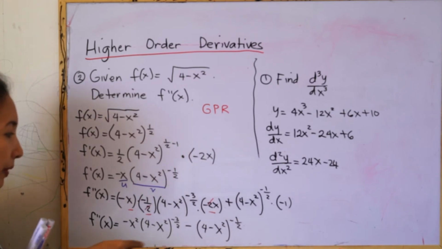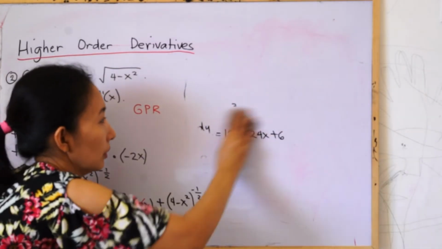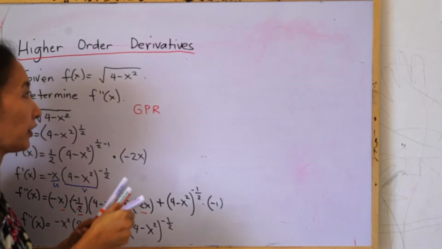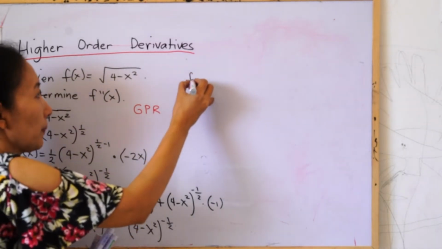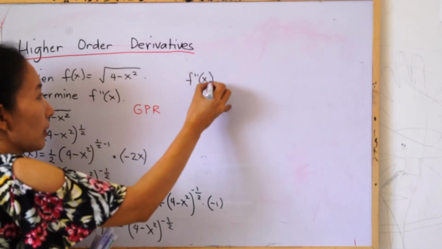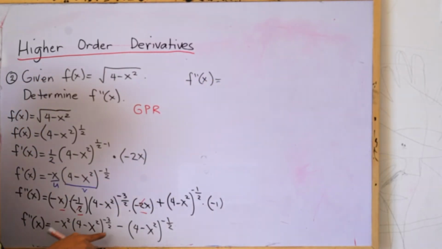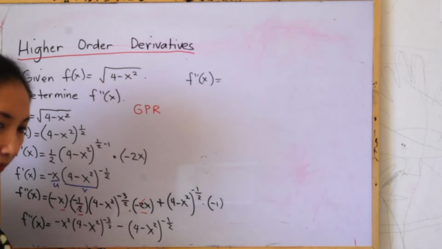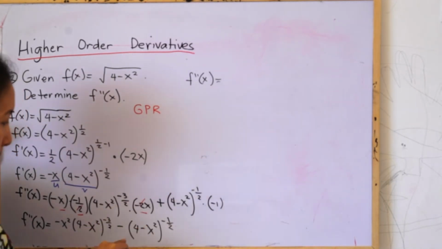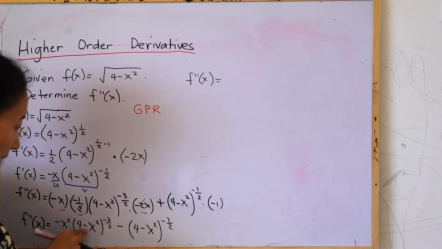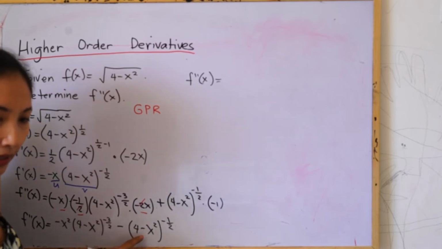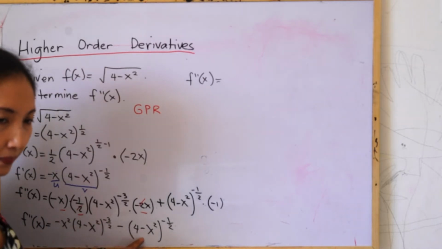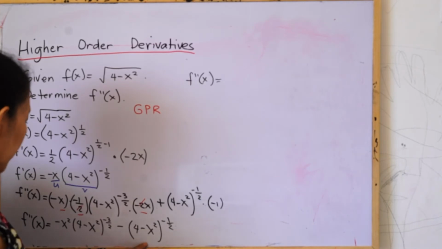Let's simplify this. To make the exponents positive, we write the factors in the denominator, and we do the same to the second term.